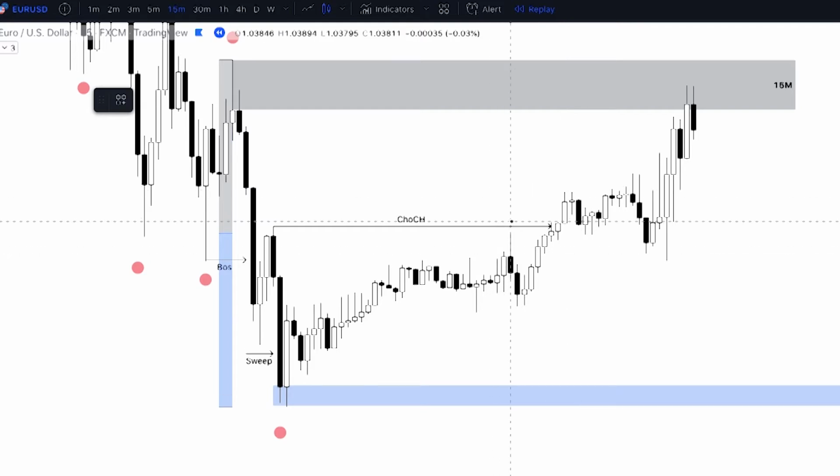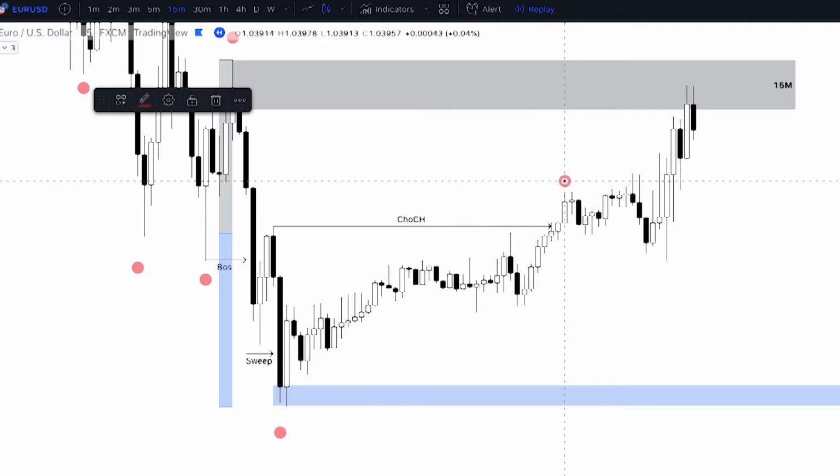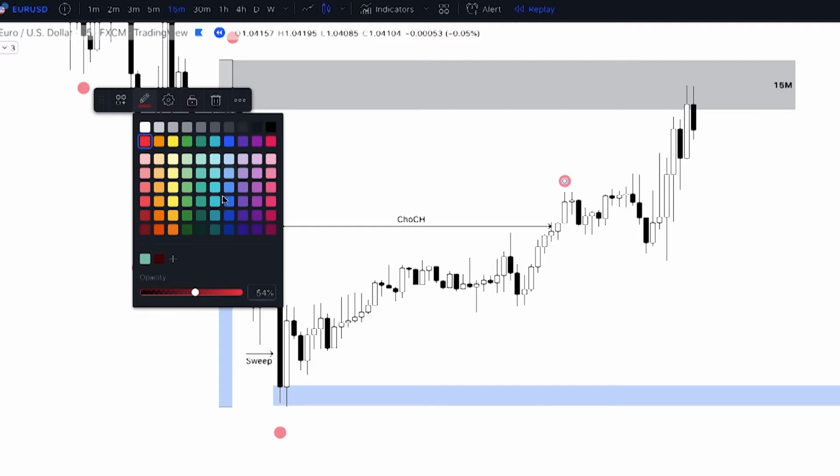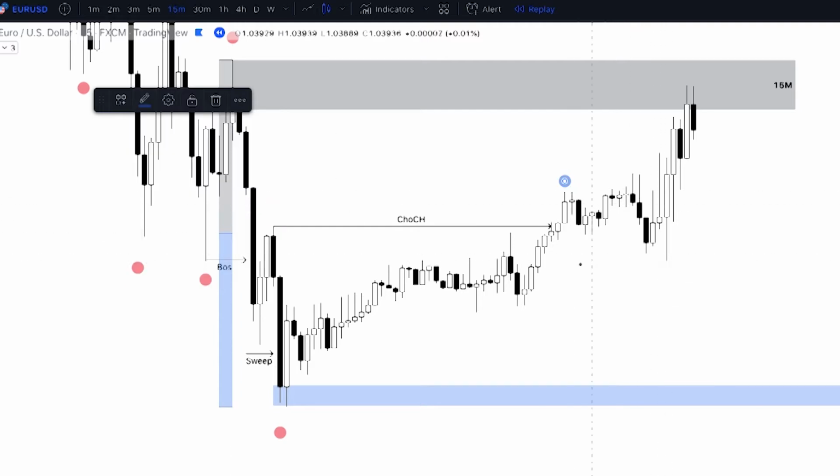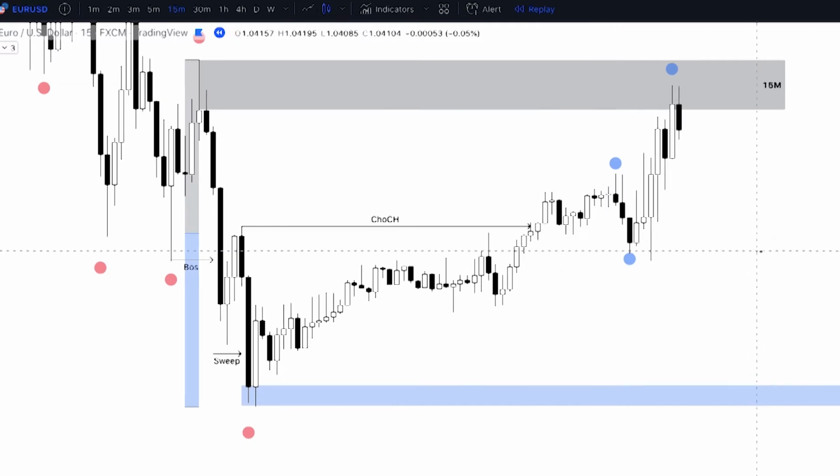We didn't break till now, we got a higher high, a higher low, a higher high. So let's delete this and this.